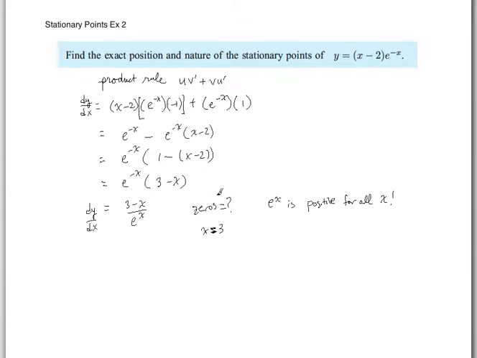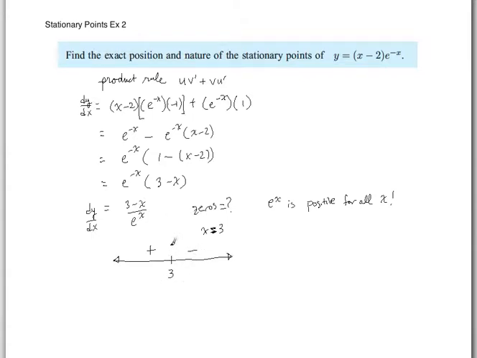Okay, so once we find x equals 3, then we create a sign diagram to determine what it is, right? So we're going to look at our sign diagram. Around x equals 3, if I plug in a 0, what do I get? I get a positive number. If I plug in a 4, I get a negative number.